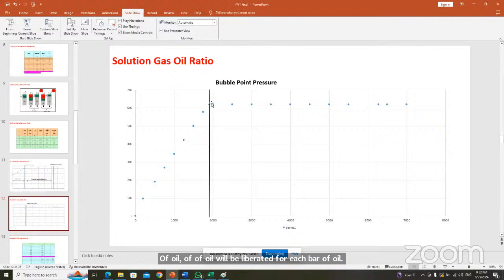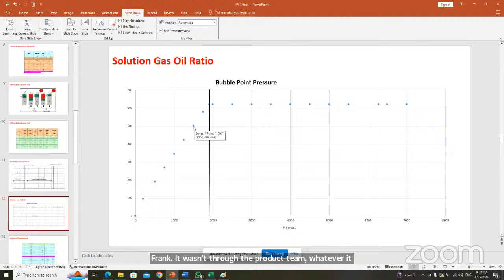As you decrease the pressure at each of these steps, some gas is liberated and some gas is still in solution. The gas that's liberated goes into the reservoir, or if we are in the production string, it goes through to the production tank and becomes free gas.